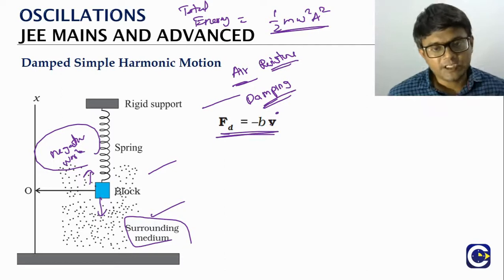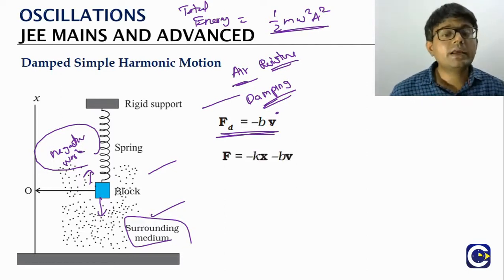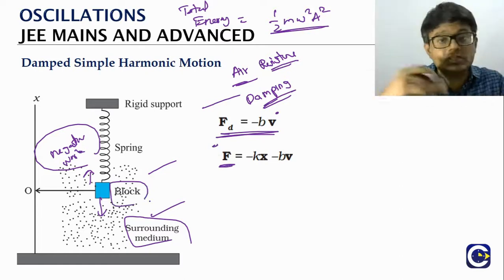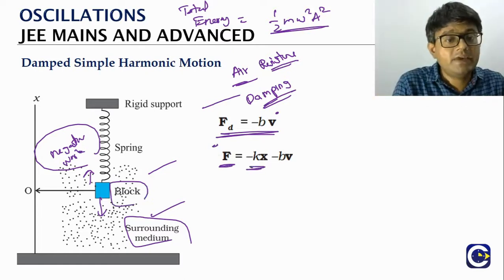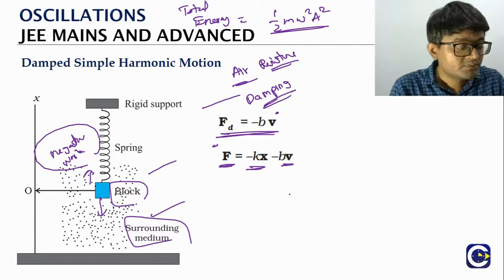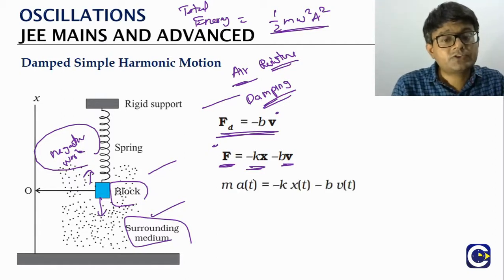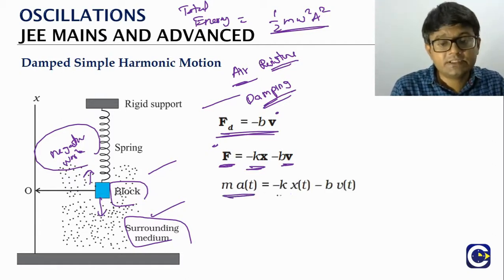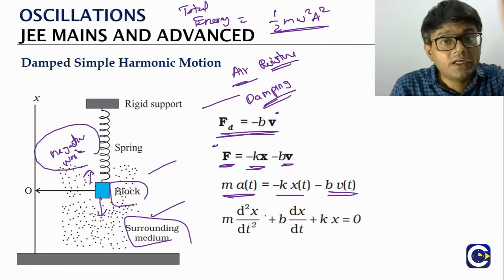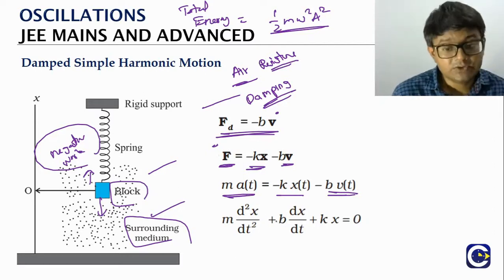The drag force or the viscous force will be equal to minus b into v. Now when you look at the overall force acting on the block performing oscillations, we already have a restoring force, minus kx, and additionally we have the drag force, minus b into v. Force is mass into acceleration, which is equal to minus kx minus b into v. Acceleration is the second derivative of the position, d square x by dt square.